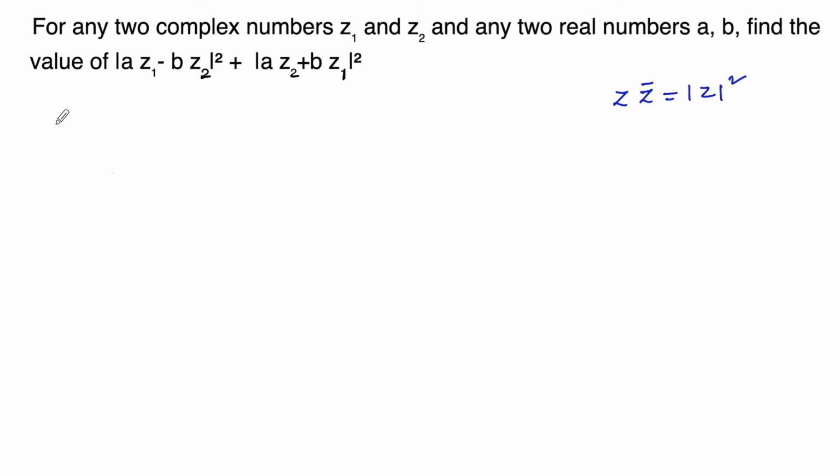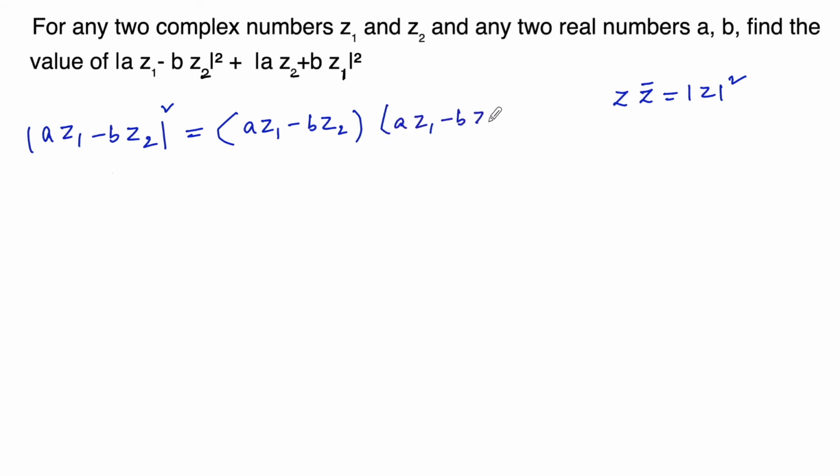So we can write az1 minus bz2 modulus whole squared as az1 minus bz2 into the conjugate of az1 minus bz2, which is equal to az1 minus bz2 times a z1 bar minus b z2 bar.